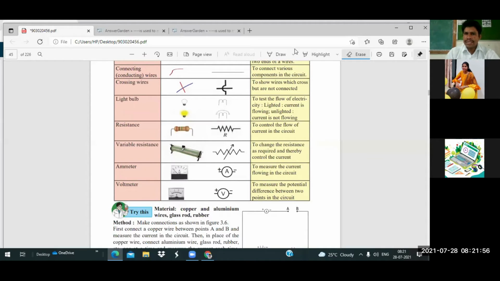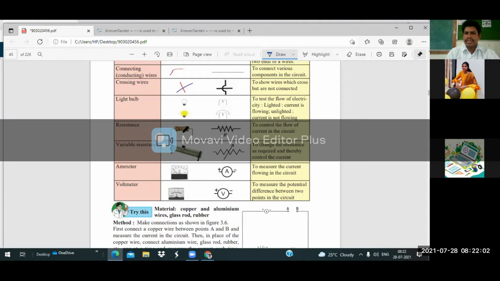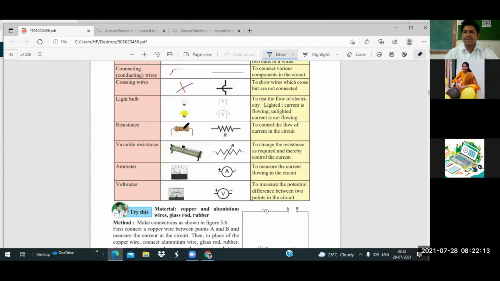Now this part we can see is resistance, meaning resistor. This is R. If you see any electrical circuit, you will find this everywhere.